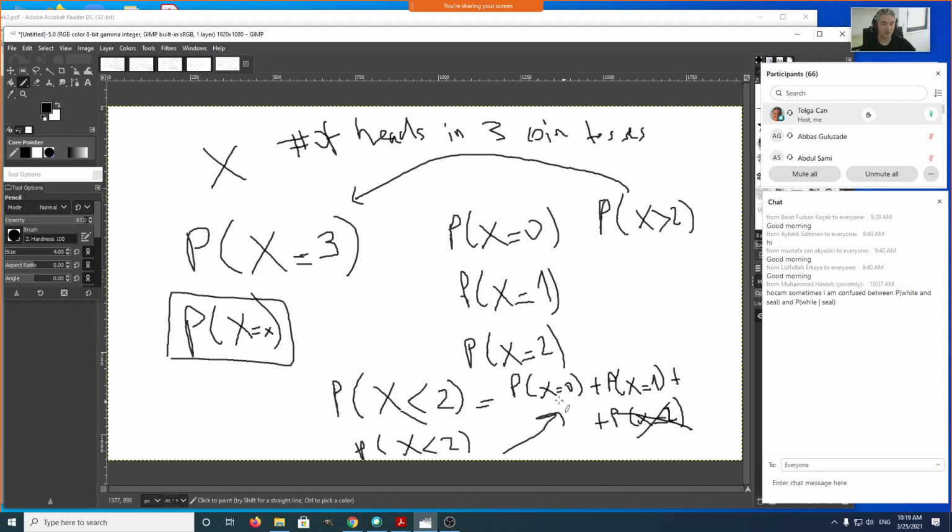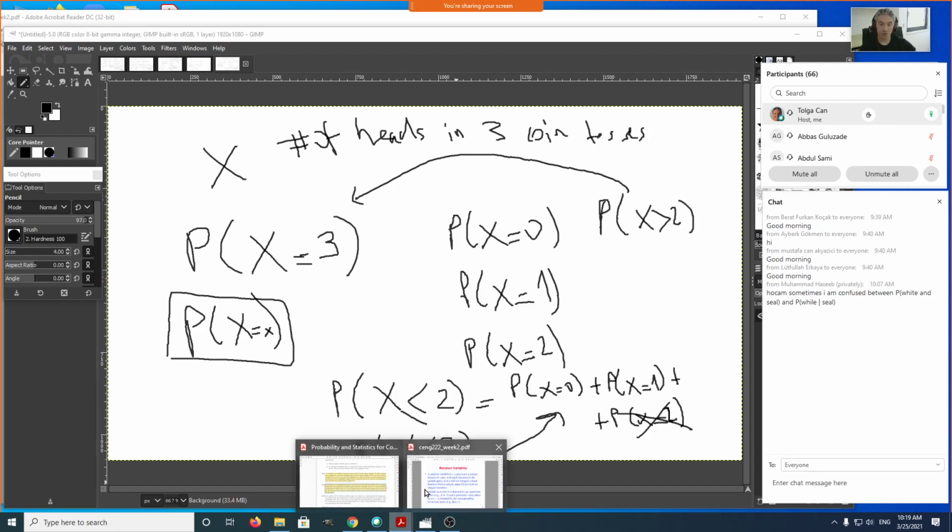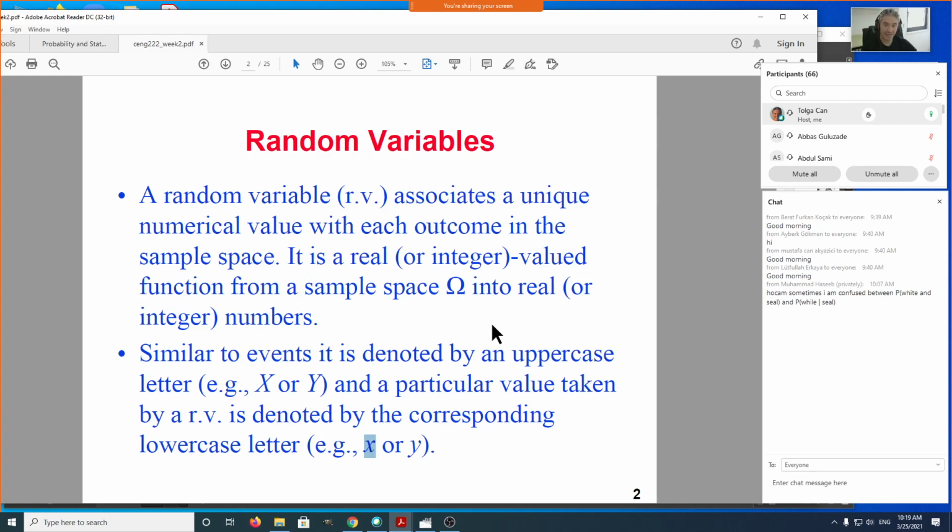It's just going to contain the event where X is equal to 0 and X is equal to 1. In this experiment where we have 3 coin tosses, we may define the random variable as the number of heads. We can define different random variables numerically in different cases.